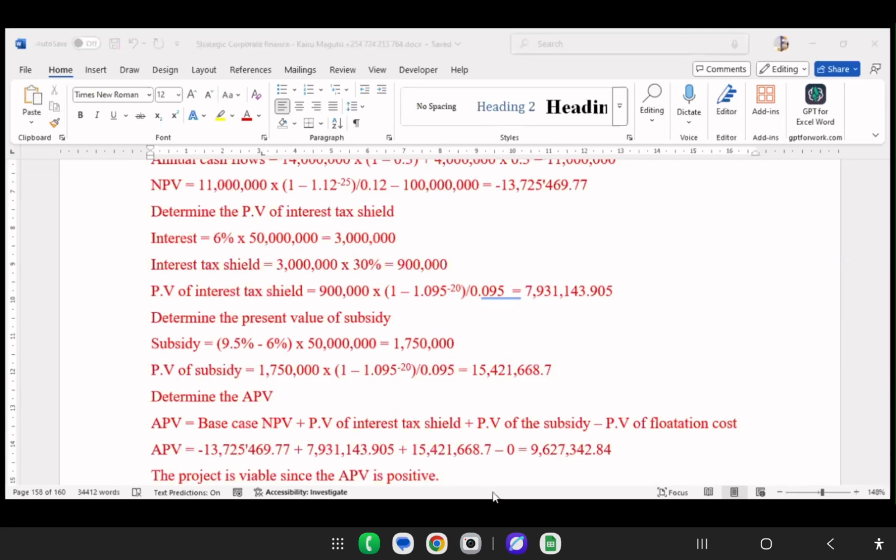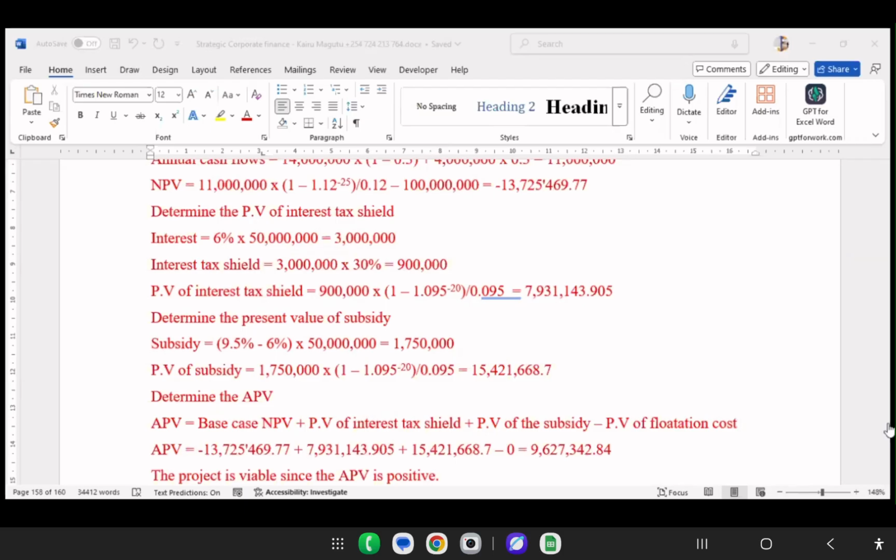Did I see someone ask a question? Every time on PV of tax shield, we use before tax cost of debt. We use the risk-free rate. When the risk-free rate is not given, you assume that the cost of debt in the market is the risk-free rate.